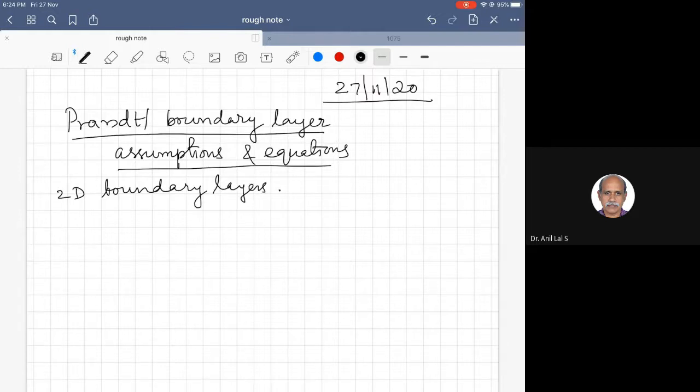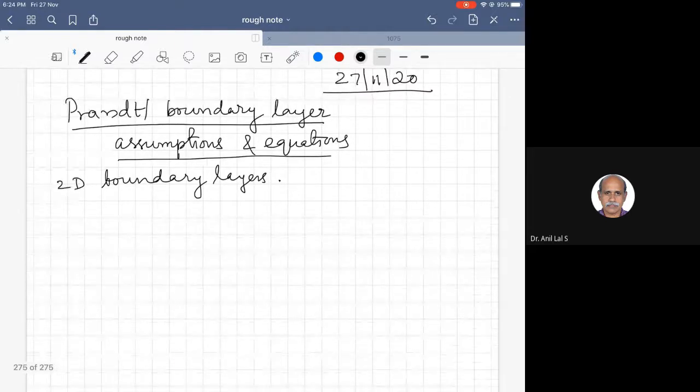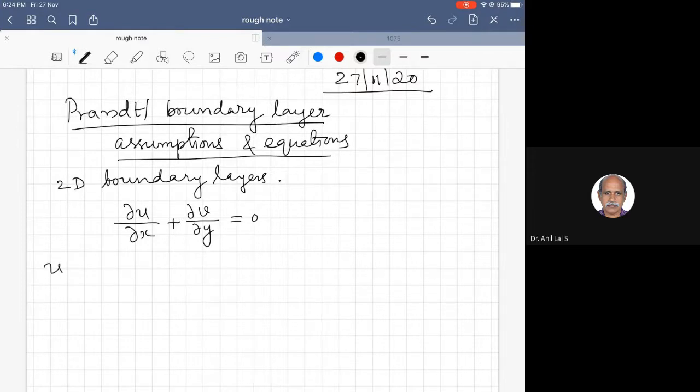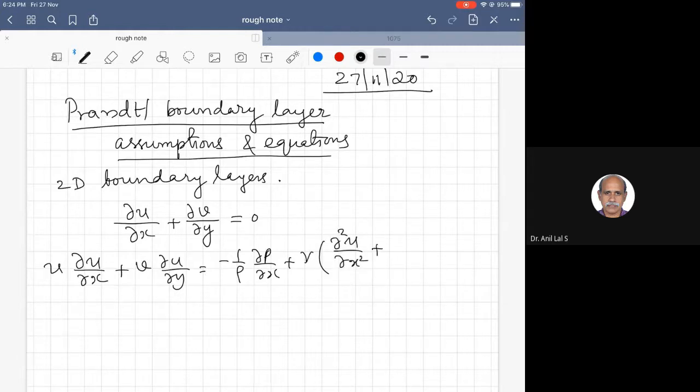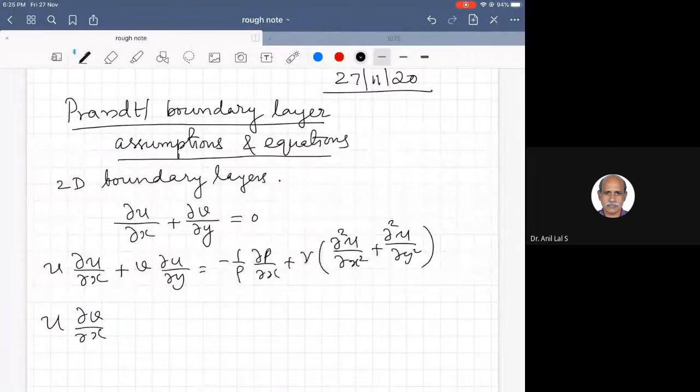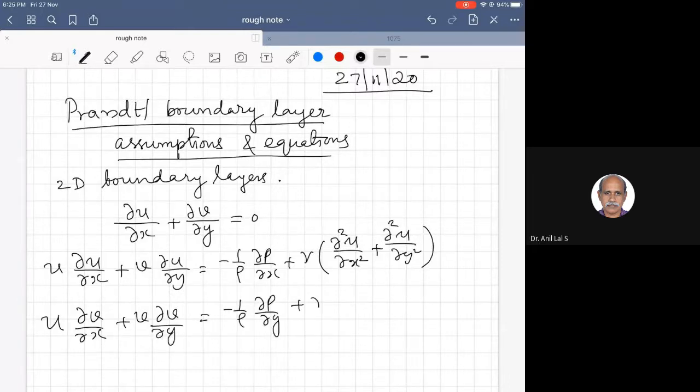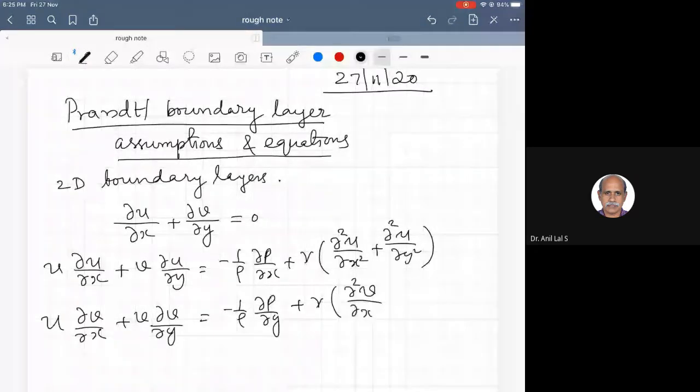And the two-dimensional viscous flow is governed by the Navier-Stokes equations consisting of the continuity equation, the x momentum equation, and the y momentum equation. So basically, these are the equations.